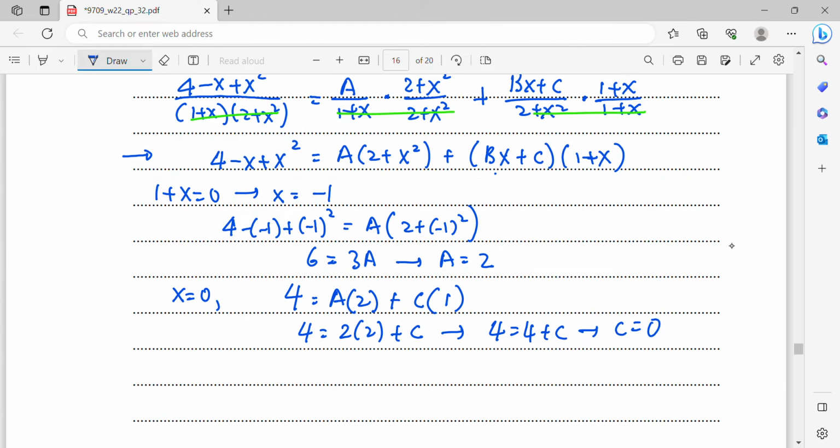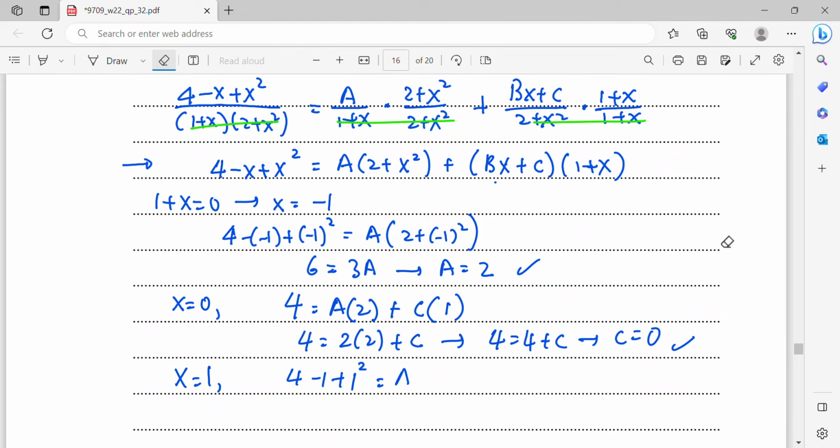Now, found two unknowns, A and C. For the B, you can let it be any other numbers. I will use a smaller number, which is 1. So left hand side becomes 4 minus 1 plus 1 squared equals A bracket. Now the A I will replace by 2. Then 2 plus 1 squared plus B times 1, so it's B. The C is 0, no more.